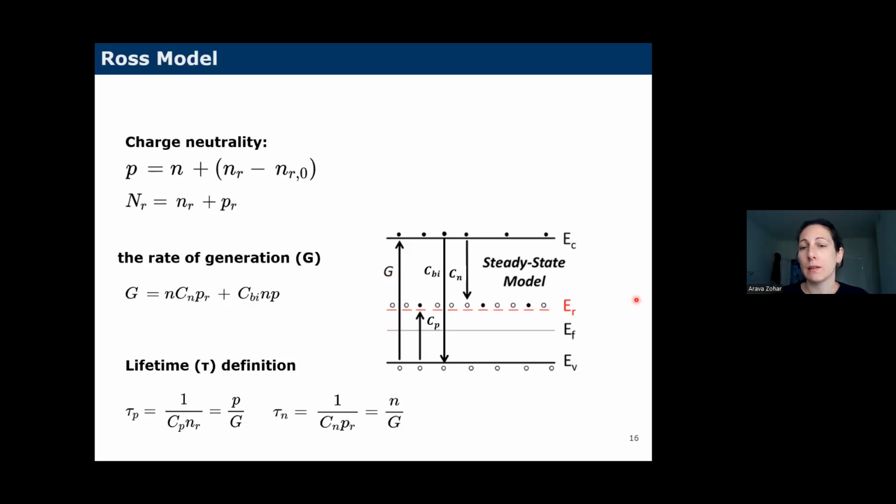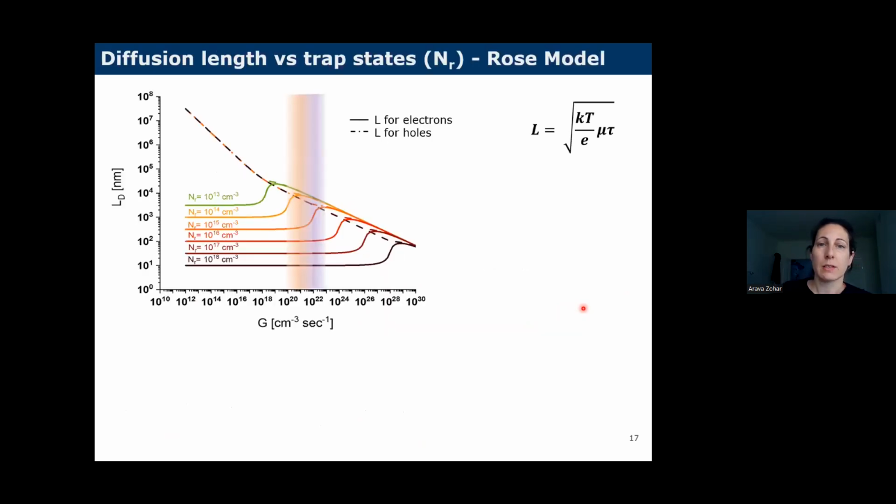One assumption we made is marked in red over here, that we have one effective defect state. We don't know where it's located, but it could be that there will be some trap filling during the illumination process. And solving this numerical equation, we came up with the numbers.